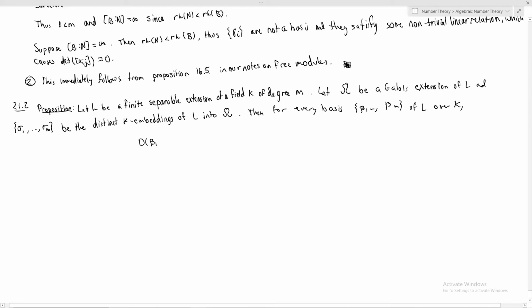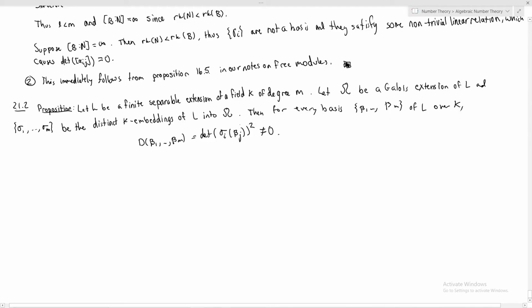The discriminant of beta_1 through beta_m is the determinant of sigma_i of beta_j, this determinant squared, which in turn is not equal to 0. So this formula is useful, but the really important thing is that this is non-zero. So this is going to tell us basically that our trace form on finite separable extensions is non-degenerate.